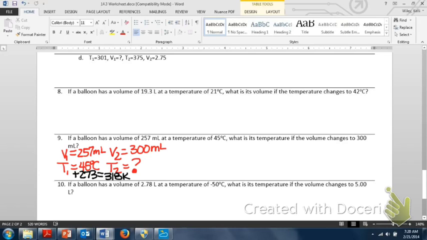Now you can set it up like this: 257 over 318 is equal to 300 over T2.